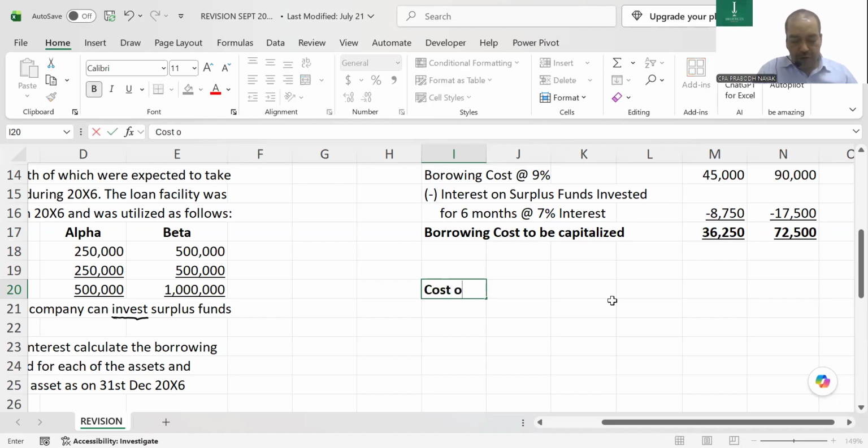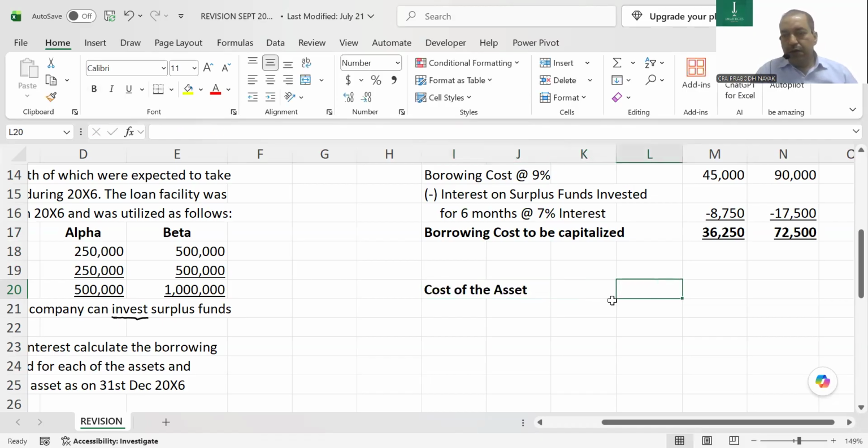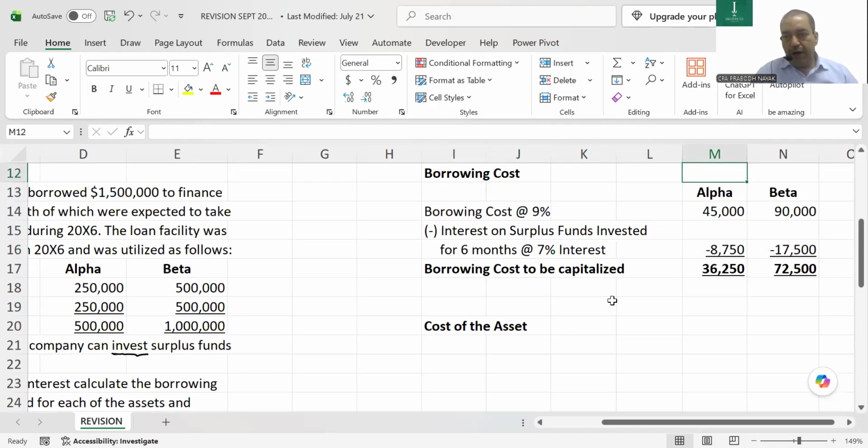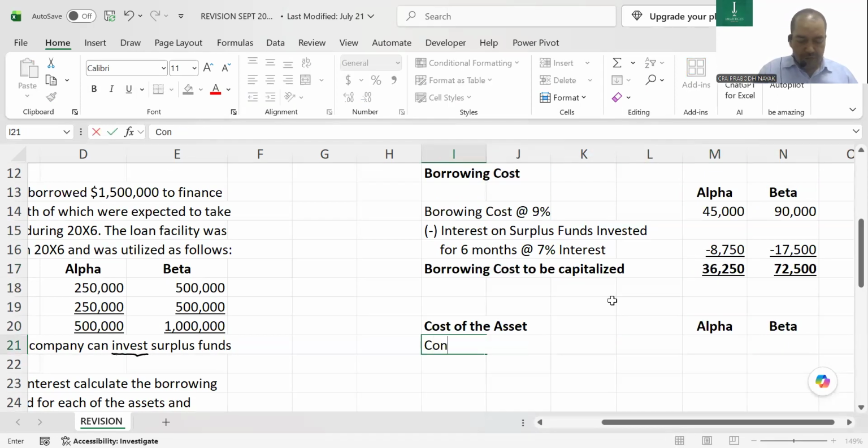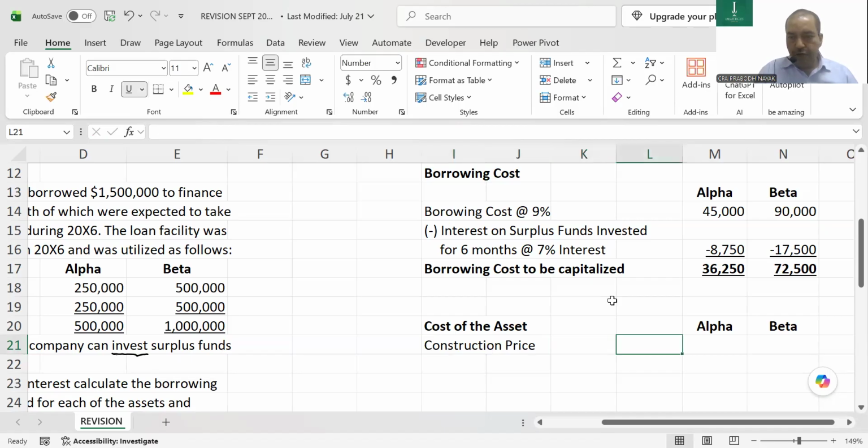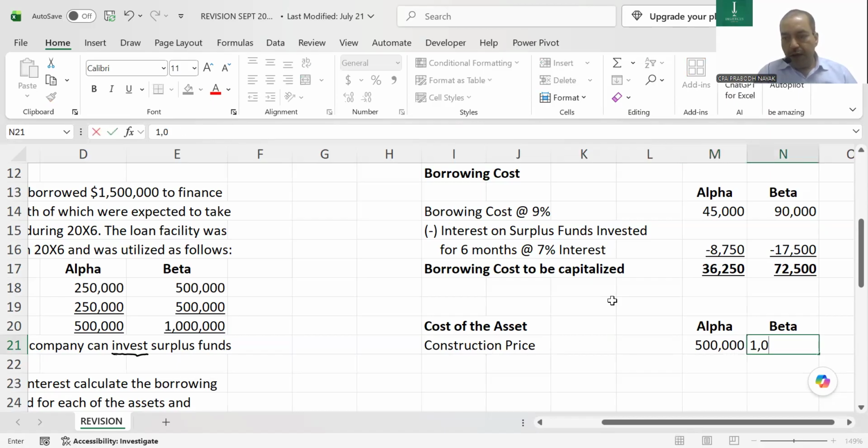So let us calculate cost of the asset. So I'll maintain this in alpha and beta. Cost of the asset, construction price. Construction price 5 million and 10 million. Sorry, 500,000 and 1 million.